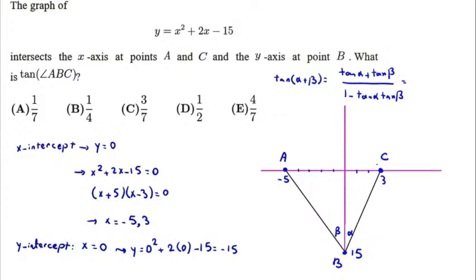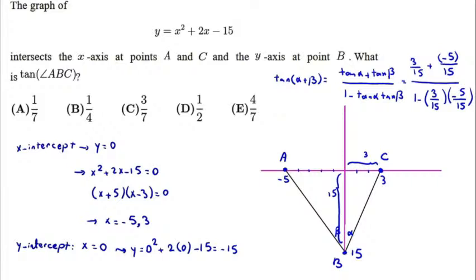Tangent alpha is opposite side 3 over adjacent side, which will be 15. 3 over 15. For beta, we use the same thing, it will be negative 5 over 15, all over 1 minus tangent alpha, 3 over 15, tangent beta, negative 5 over 15.